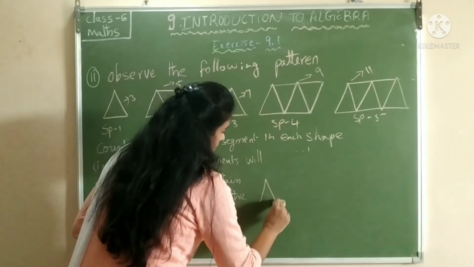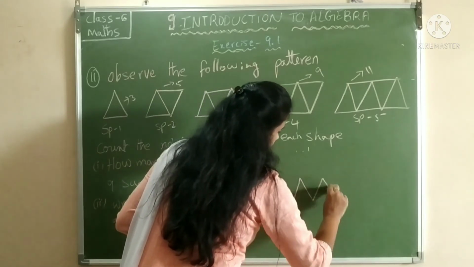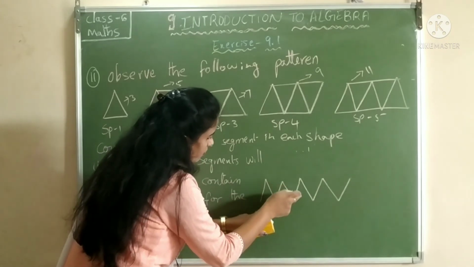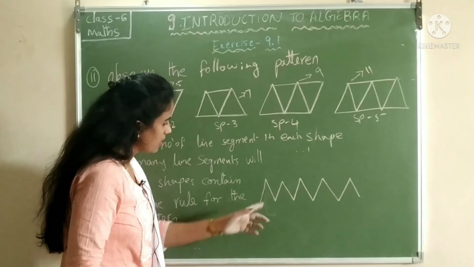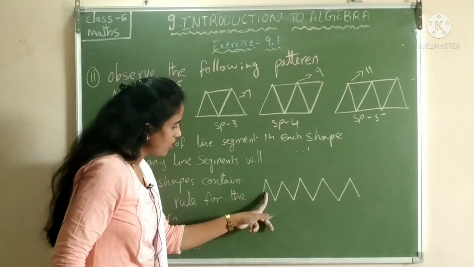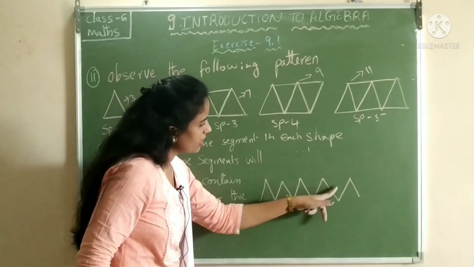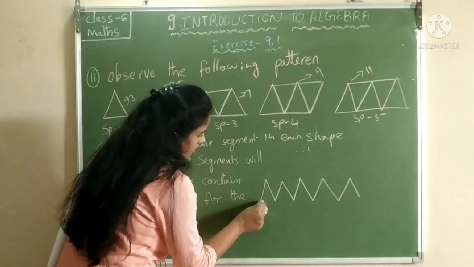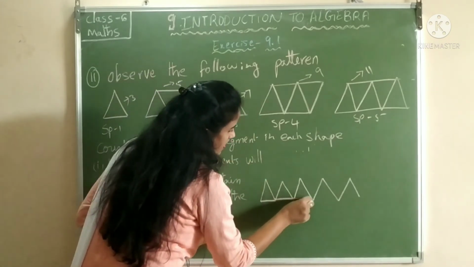See. 1, 2, 3, 4, 5, 6, 7, 8 and 9. 9 shapes. Okay. See carefully. 1, 2, 3, 4, 5, 6, 7, 8, 9 shapes. They are asking 9 shapes. Okay. And also see, like pattern you have to write. So add.